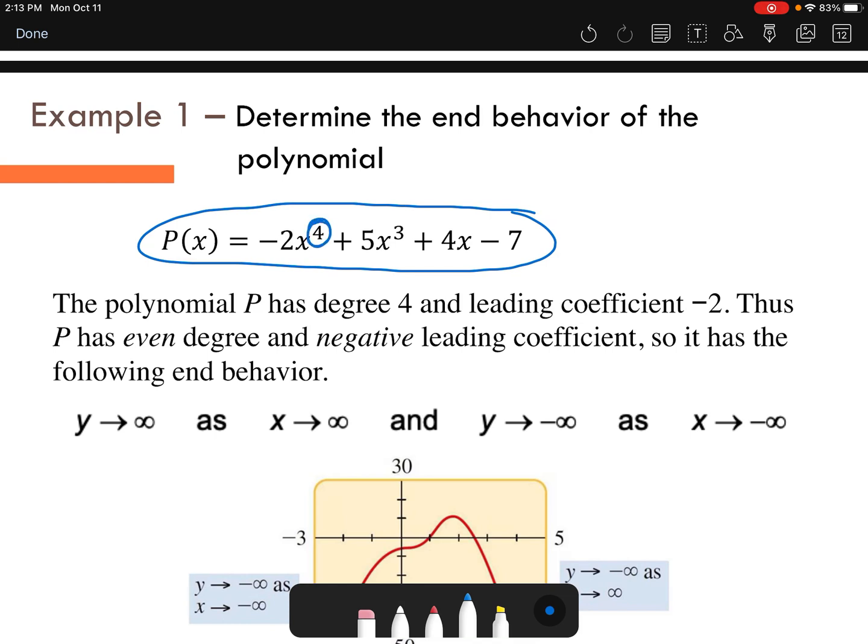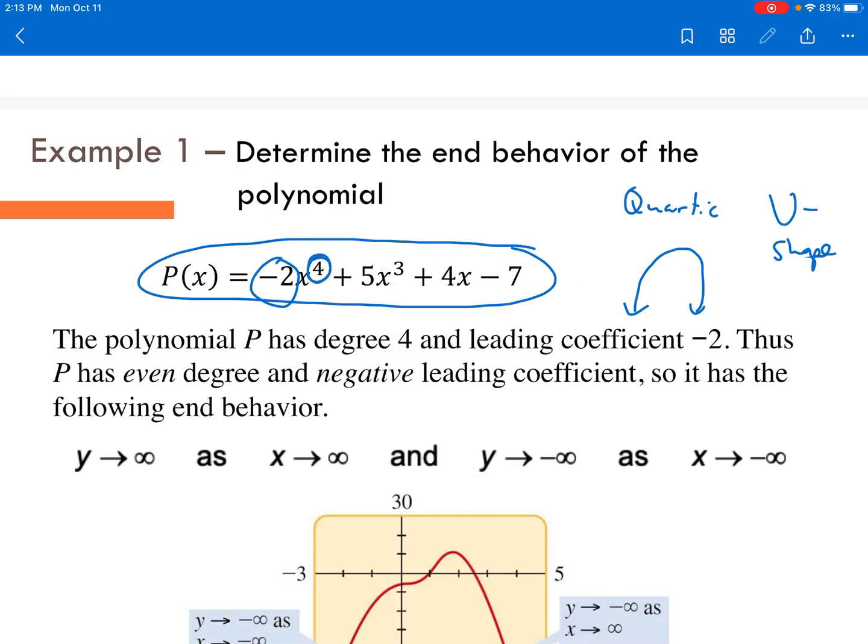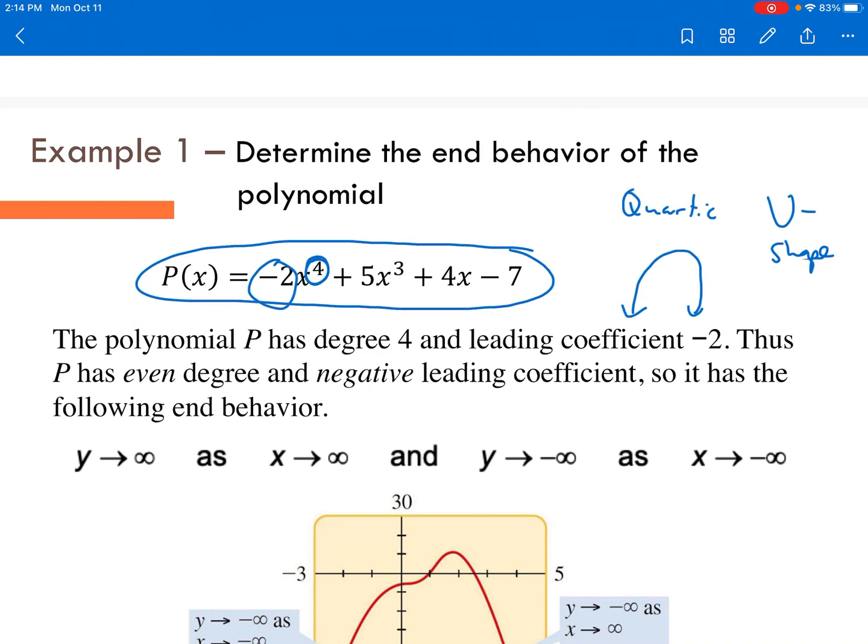First of all, it's a quartic. It's a 4. So we know that it is U-shaped because it's an even power. The negative 2 says it's going to go down. So as x approaches infinity, or negative infinity, it doesn't matter, then y is going to approach negative infinity.